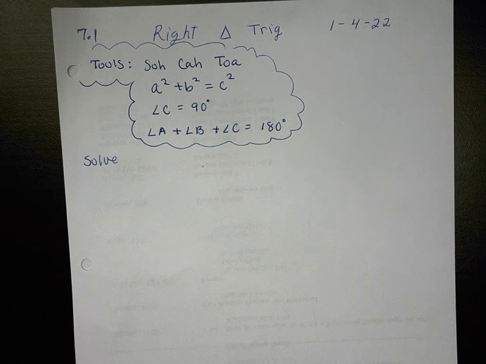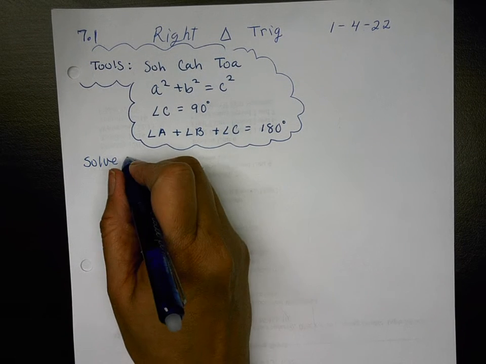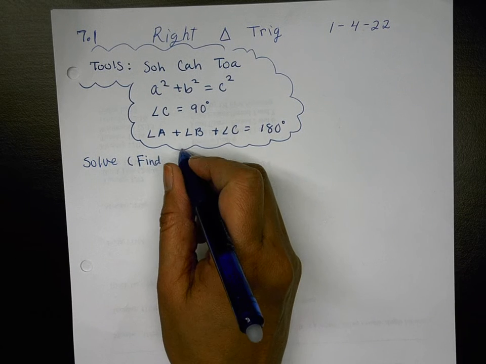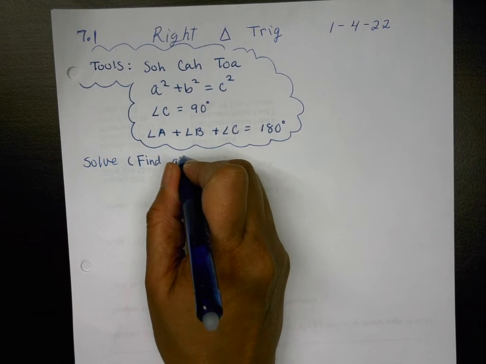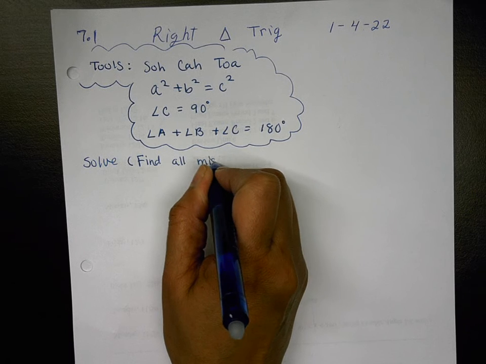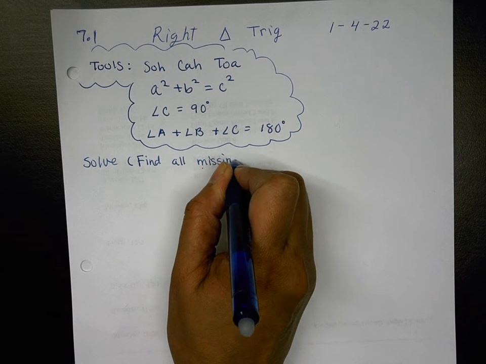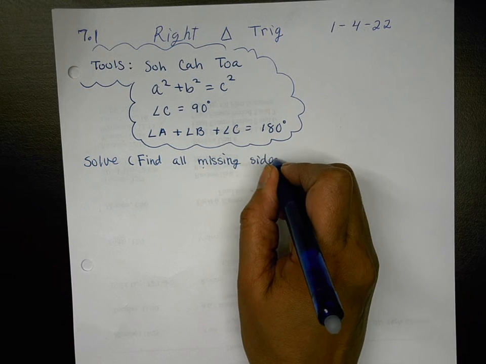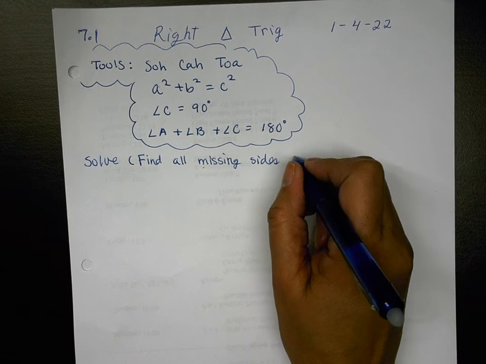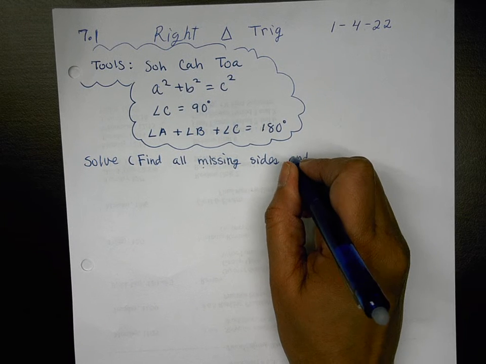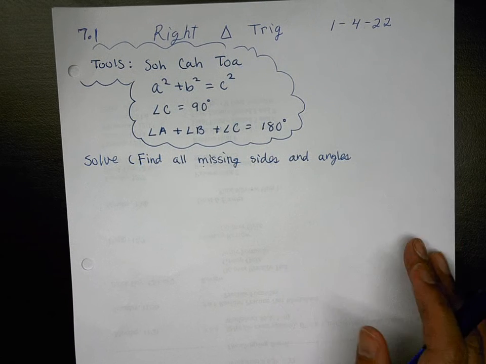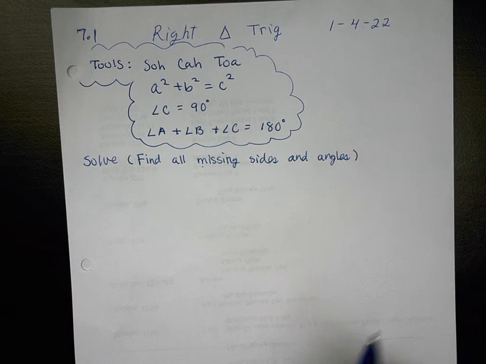All right, solve. We're going to be solving triangles. What does it mean to solve triangles? I'm going to put in parentheses here, that means to find all missing sides and angles.